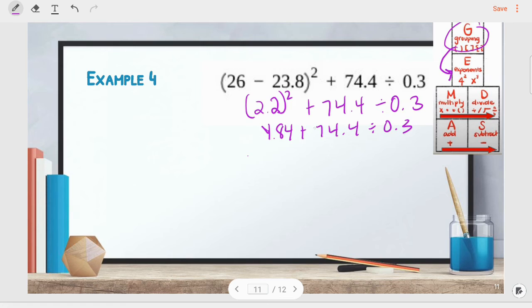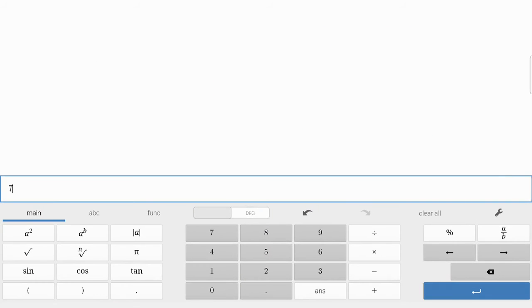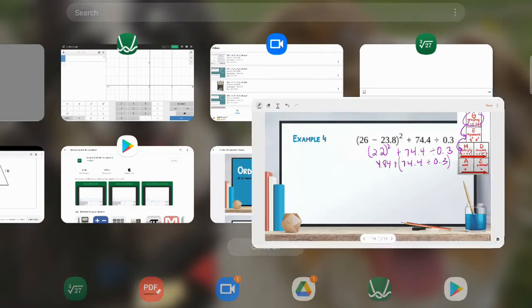Now don't fall into the trap of doing this addition first. Make sure we continue down our ladder and do multiplying and dividing first. I do have some division, so I'm going to do that first. 74.4 divided by 0.3 gives me 248.